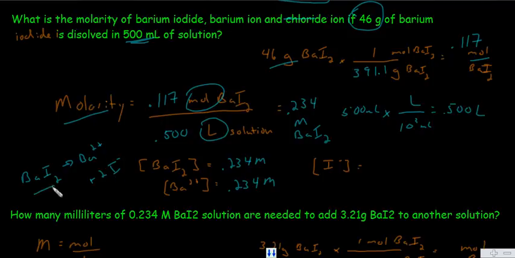So each time barium iodide dissolves, you get 2 iodides. And so the concentration of iodide is 2 times 0.234 molar. It's 0.468 molar.